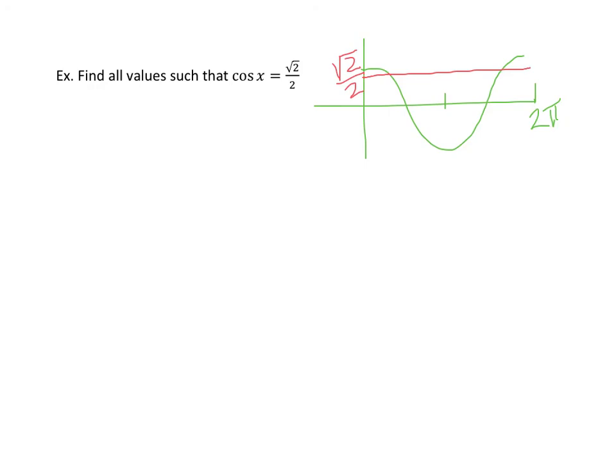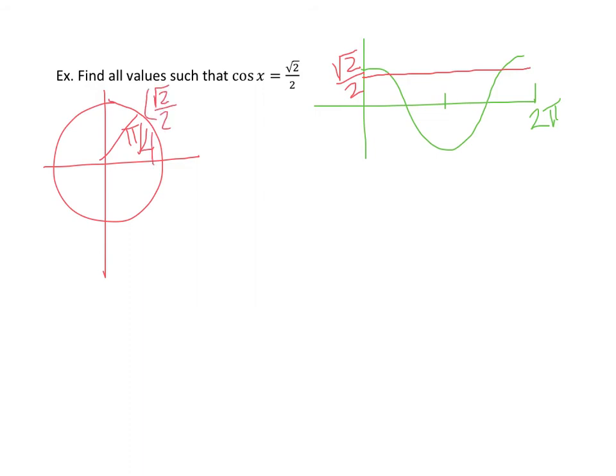What angle was radical 2 over 2 at? It was at pi over 4. That was the point radical 2 over 2, comma, radical 2 over 2. Cosine was the x-coordinate, and that's how we know. So I know this is happening at pi over 4. So this point that goes with this, pi over 4.